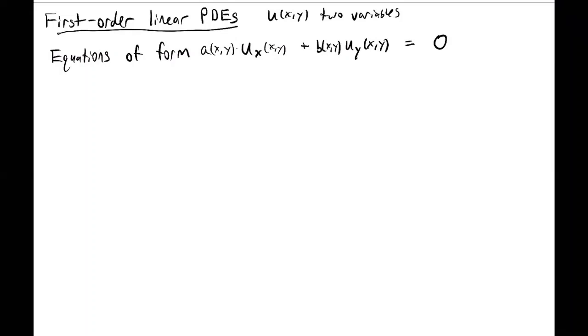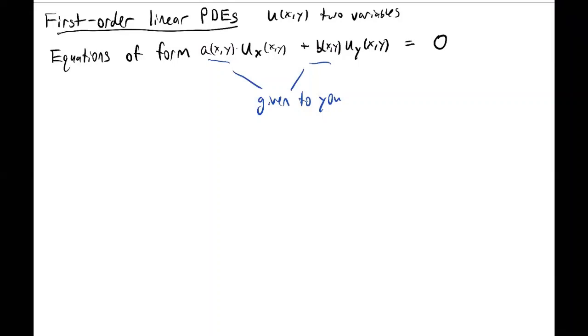These two coefficient functions are going to be given to you. The problem will be: given some functions a and b, can you solve this equation, this first order linear combination of the x and y derivatives of u?